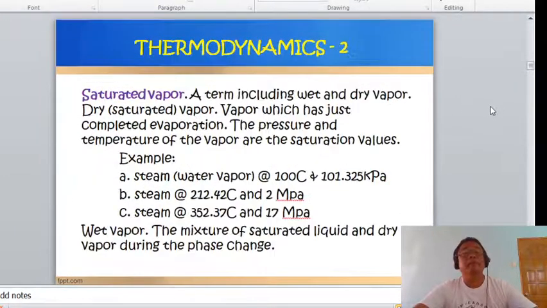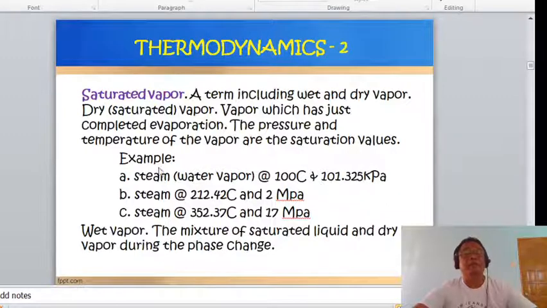Another class is saturated vapor, a term including wet and dry vapor. Dry saturated vapor is vapor which has just completed evaporation, so the pressure and temperature of the vapor are the saturation values.